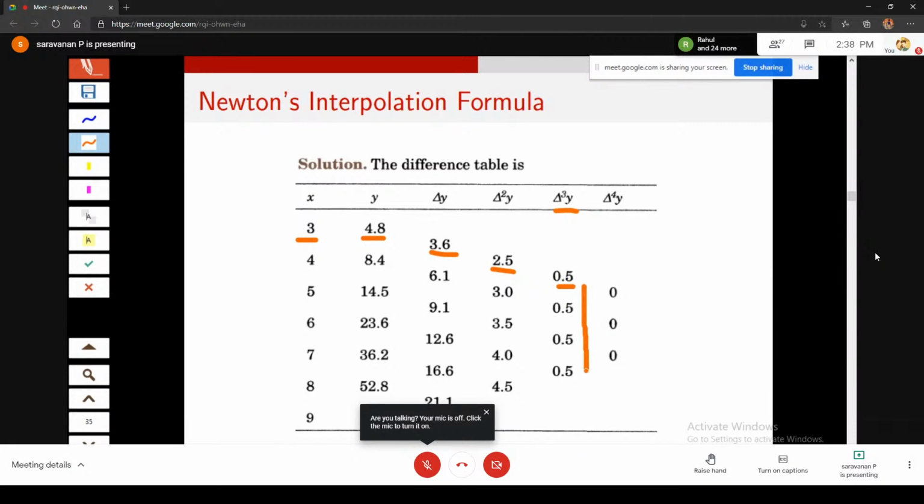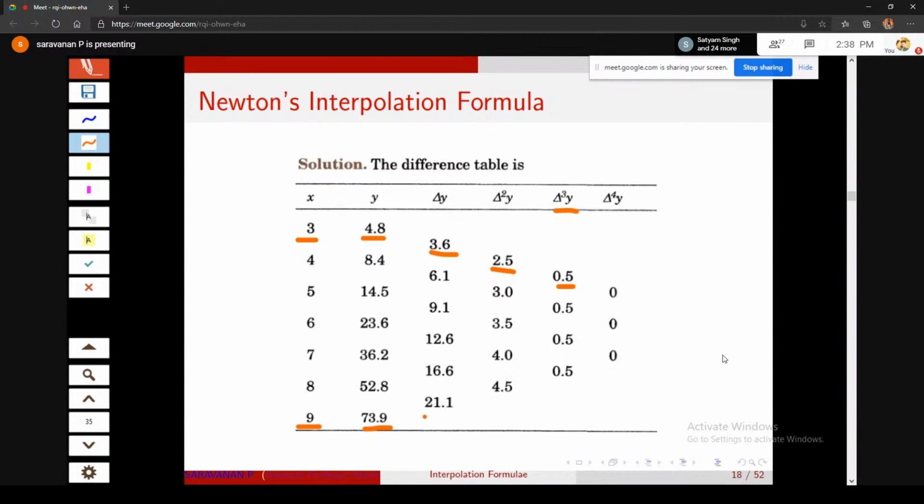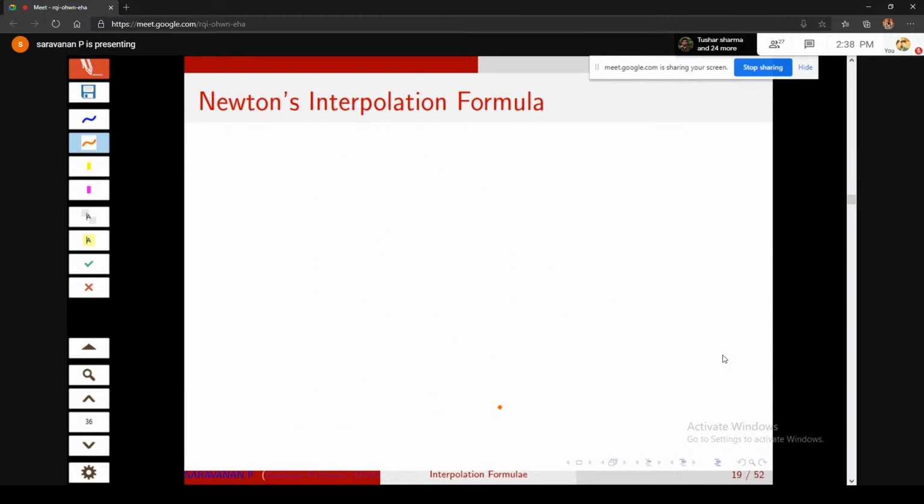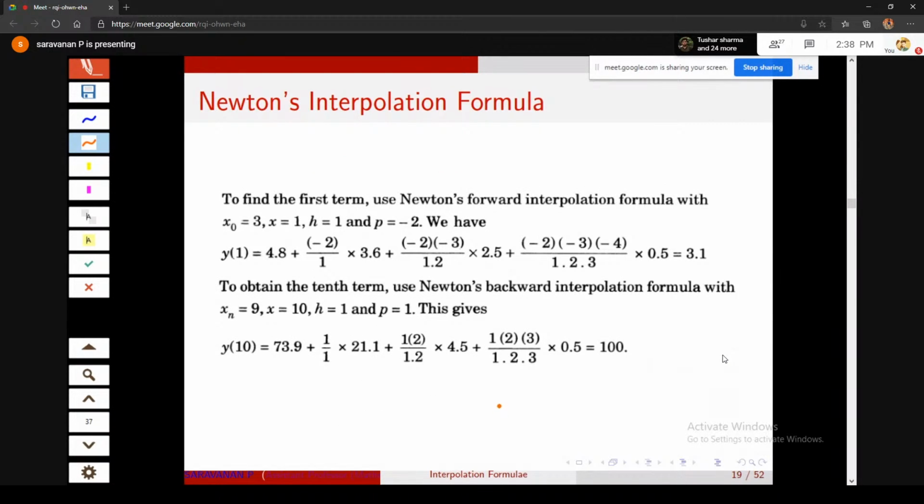When you compute the 10th term, take xn equal to 9, then this is yn, del square yn, del cube yn, del power 4 yn, and all 0. Then write the formula for p, substitute everything and simplify. You will get the first term and the 10th term.